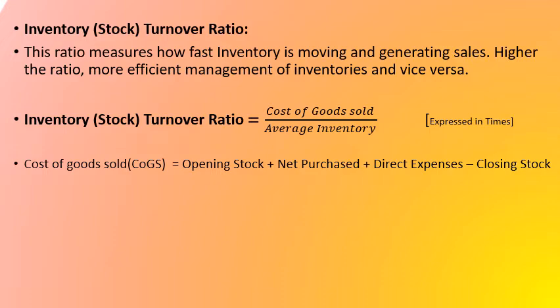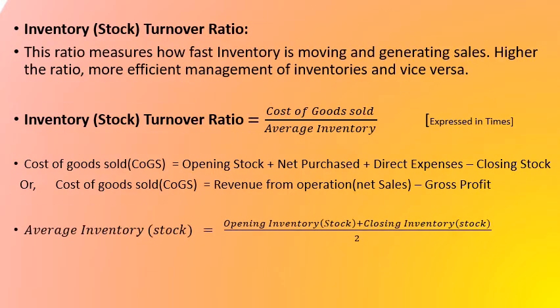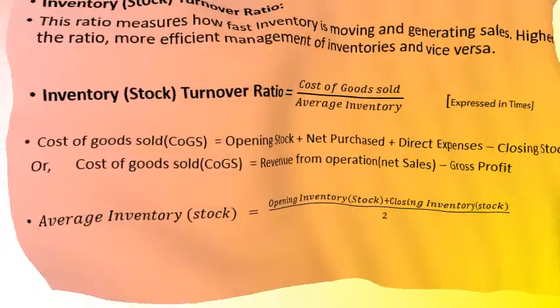It was learned in the previous class, class 11. Also, cost of goods sold is equal to revenue from operations minus gross profit. Average inventory is equal to opening inventory plus closing inventory divided by 2, that is the average.